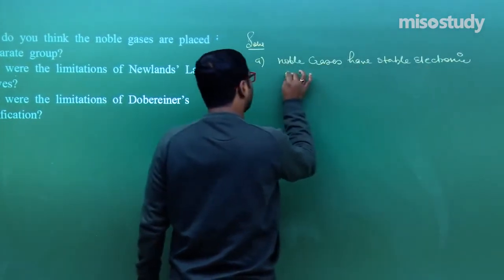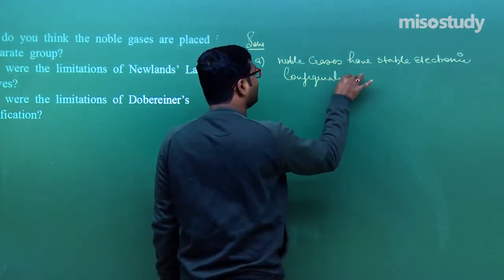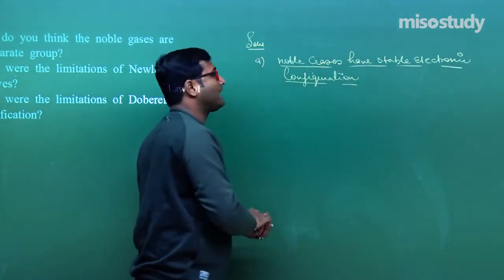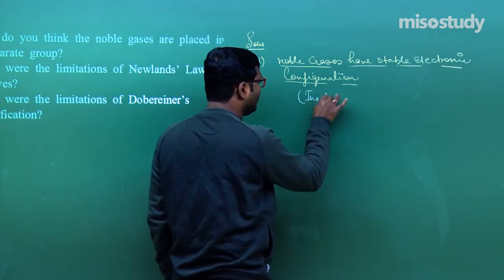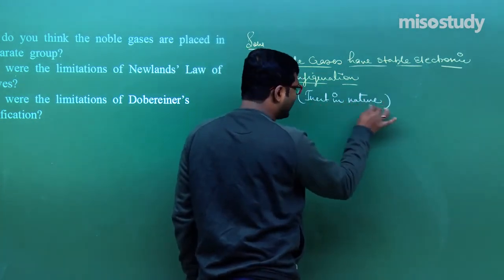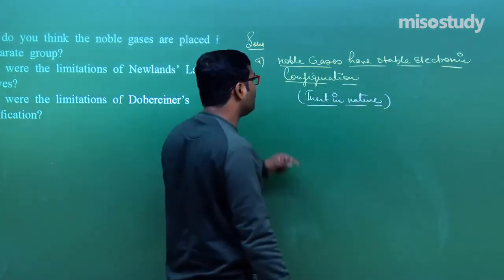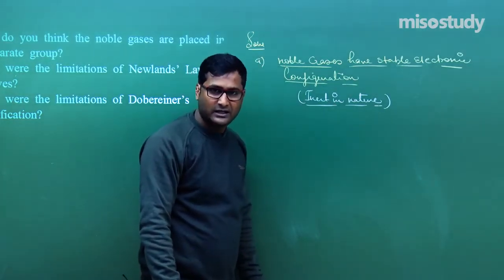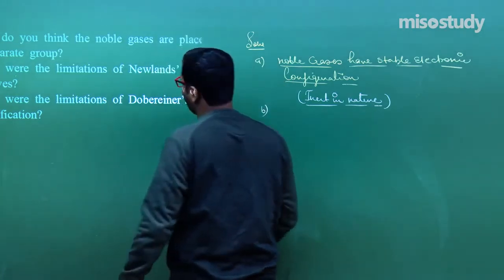Due to the stable electronic configuration, they are generally inert in nature. They do not form any chemical compound except xenon. Xenon is an exception. So we need to study them in a separate group, and this is called group 18 or zero group or inert group. Clear, my friend? Yes.